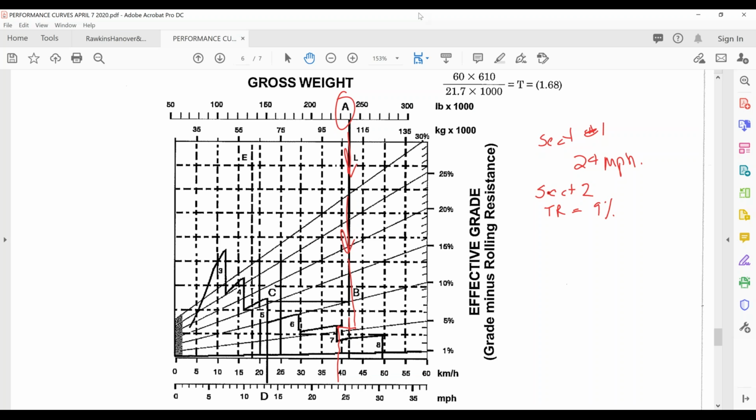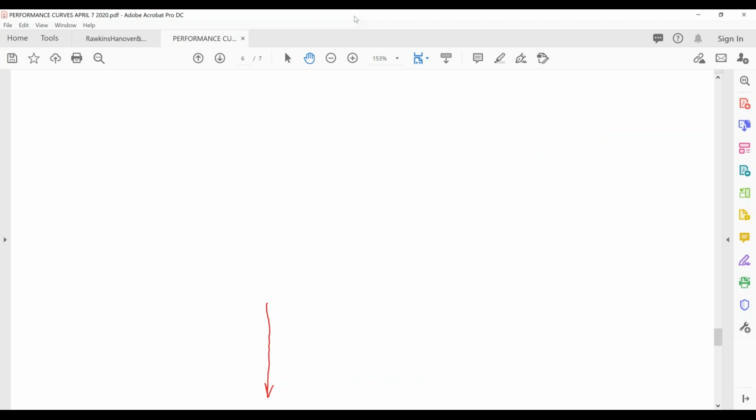If I come down, here is the 9% curve. I hit the 9% curve, I come over straight, I hit 5th gear, and my retarder is going to give me a speed of 14 miles an hour.